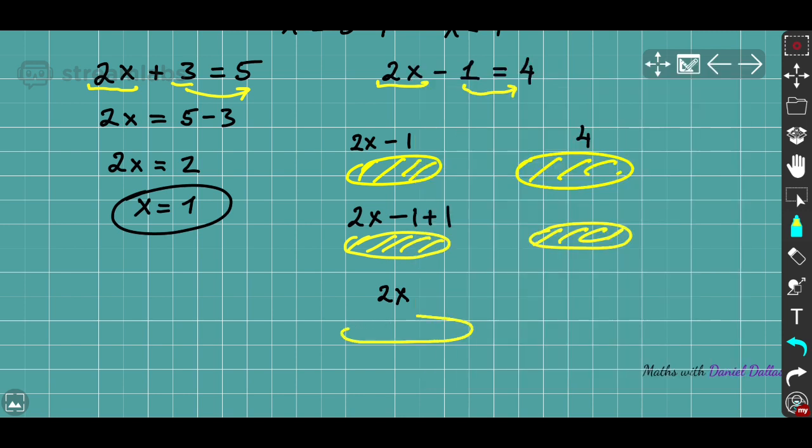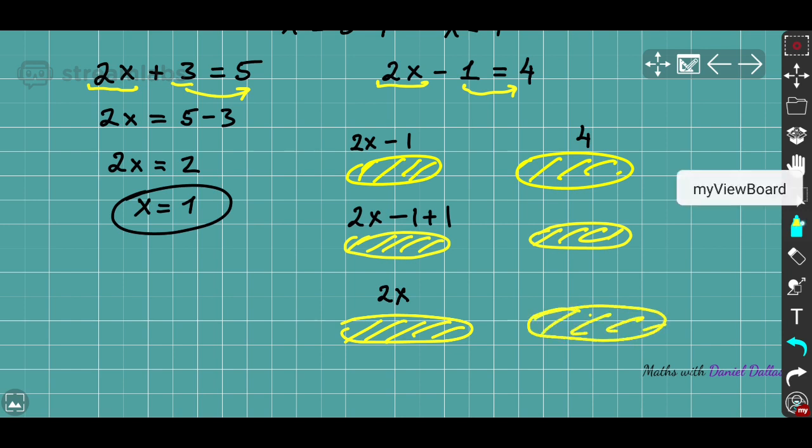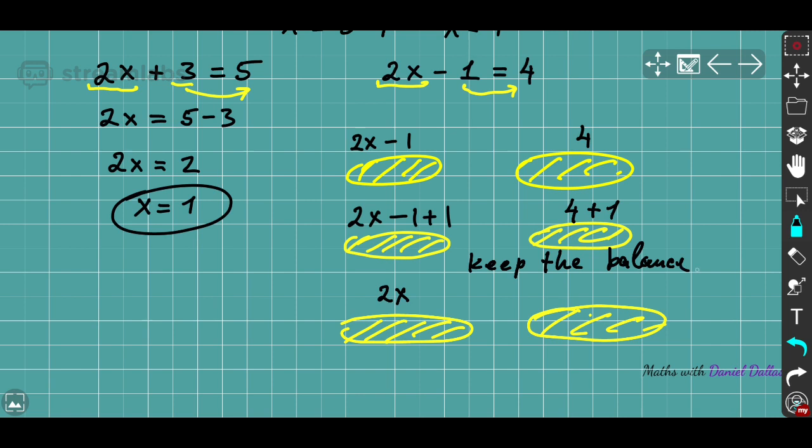But because you added 1 to the left plate, on the right plate, instead of 4, you should also have +1, the extra 1 that you added, because you need to keep the balance.